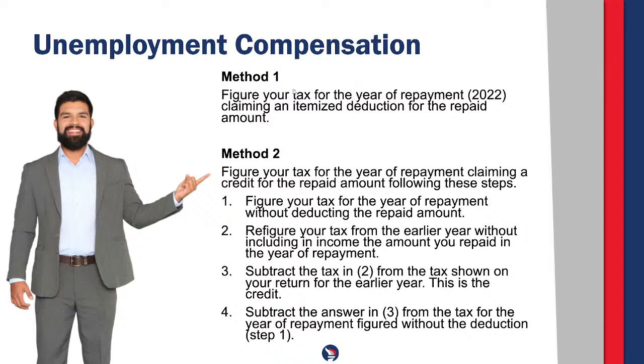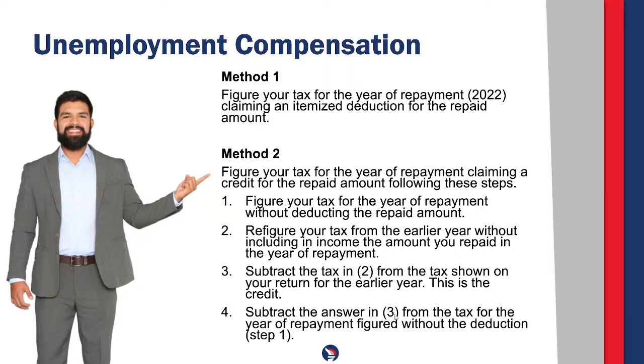So method 1, figure your tax for the year based on the amount of repayment, claiming an itemized deduction. Method 2, figure your tax for the year of the repayment, claiming a credit for the repaid amount following these steps. One, figure your tax for the year of the repayment without deducting the repaid amount. Two, refigure your tax from the earlier year without including in income the amount you repaid. Three, subtract the tax in 2 from the tax shown on your return for the earlier year. That's the credit.